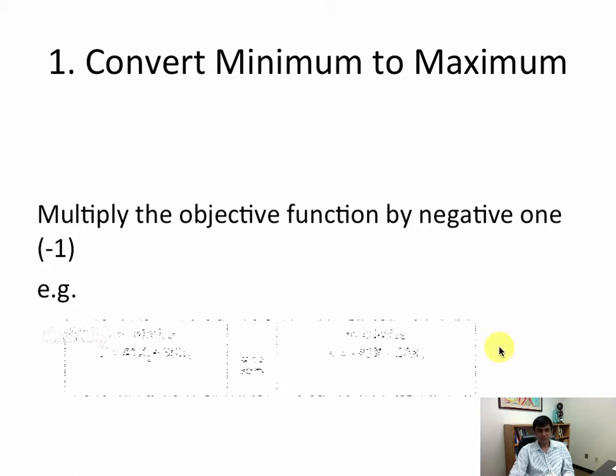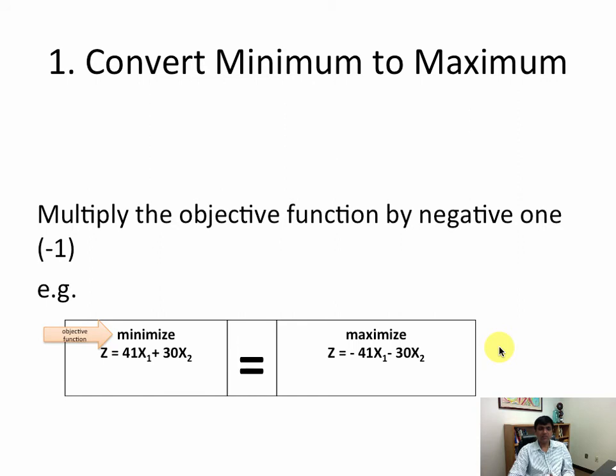For example, if we have an objective function that requires us to minimize z = 41x1 + 30x2, it is mathematically equal to maximize z = -41x1 - 30x2. So we simply multiplied the right-hand side by -1, and by doing so we are able to use the algorithm for maximizing the objective function. Mathematically, both of them are the same.